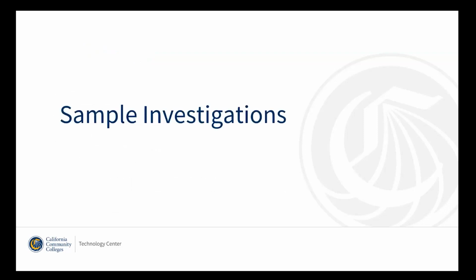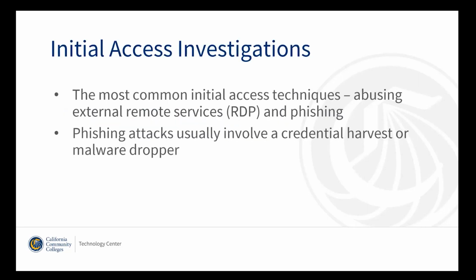And then just quickly, with the last 10 minutes or so, I'm going to go through some sample investigations here. Most typical investigations are initial access investigations, so basically abusing RDP and phishing. Using RDP to get some illegitimate access, or phishing to get illegitimate access on some endpoint.